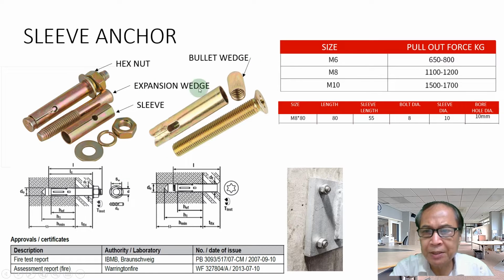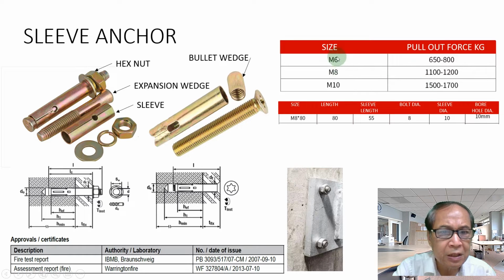When we size this sleeve anchor, we size the bolt. The bolt itself, this is how we call it, 8 millimeter or 10 millimeter. We count the size of the bolt, the diameter of the bolt. But when we choose the drill bit, the diameter of the drill bit is according to the sleeve. You see it here, the sleeve diameter. The drill bit should suit the sleeve.